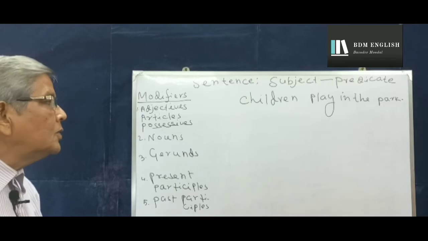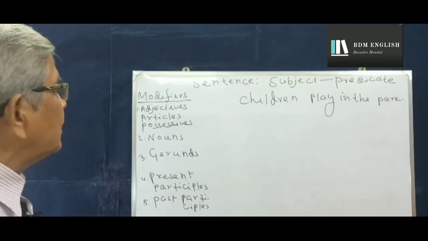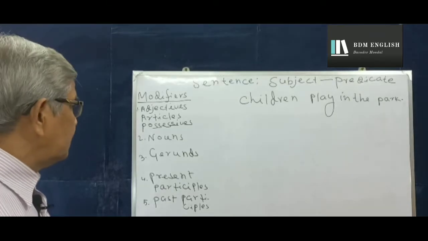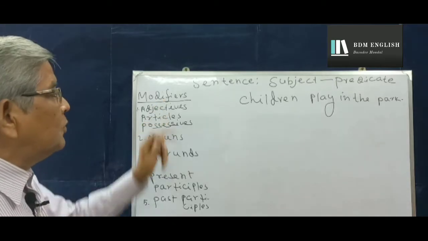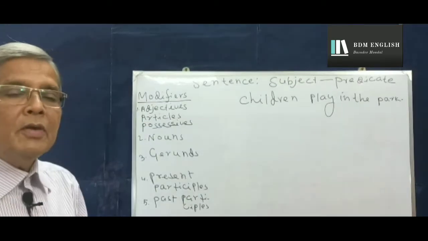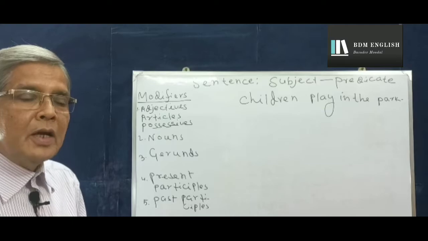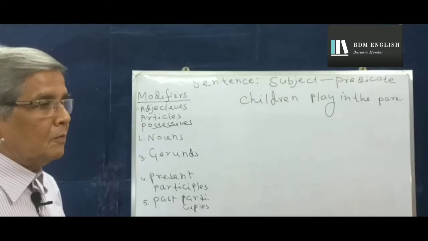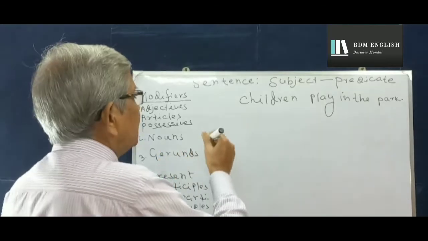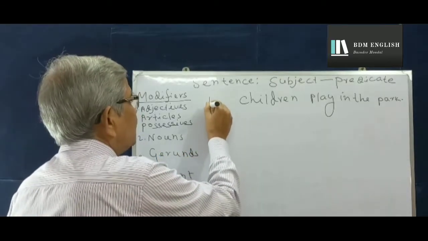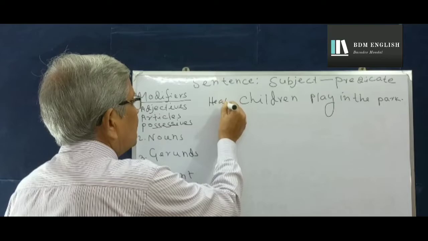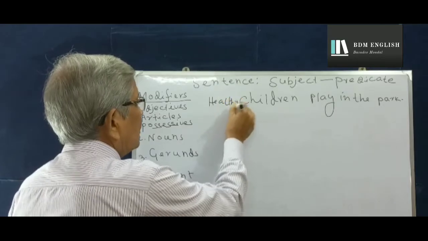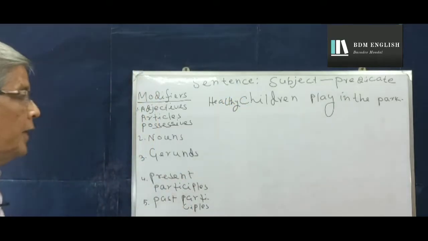Now let us see how the subject can be extended by using different kinds of modifiers. A modifier is a word that qualifies a noun, that adds extra information to the noun and thus restricts the meaning of the noun. Let us add the adjective healthy to the noun children. Healthy children play.